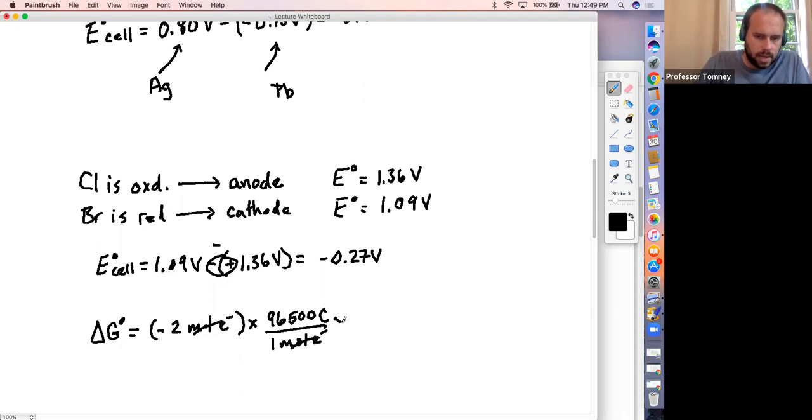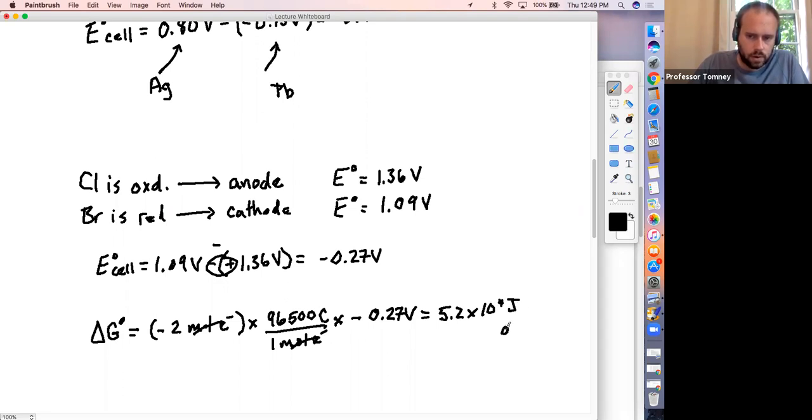Okay, and then times the negative 0.27 volts. If you break down volts, the coulombs are going to cancel, and you're going to end up with joules. So when we put all of this together and solve for delta G, you're going to find that this equals 5.2 times 10 to the 4th joules.